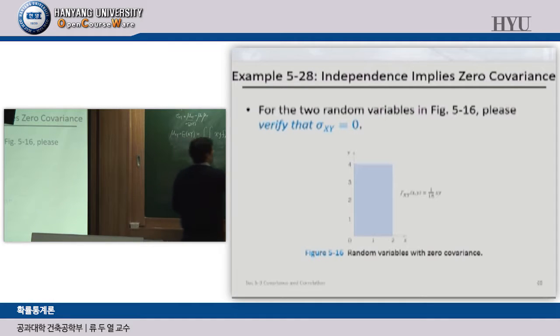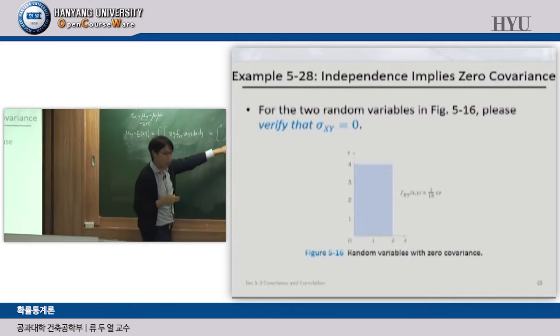So, this can be written as the double integration of x, y by 1 over 16 by x, y, dx and dy, okay? Because this is the joint probability density function given here. And x is from 0 to 2, right? So the range of the first integration is from 0 to 2. And the second integration should be from 0 to 4, okay?